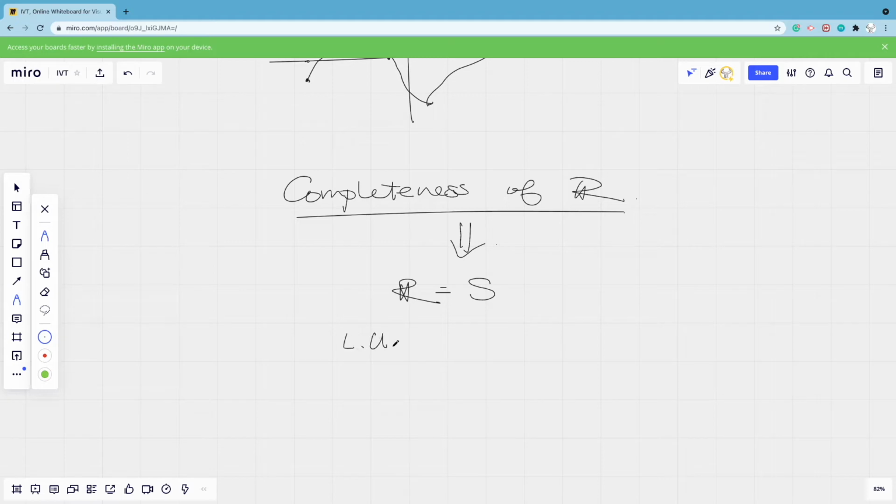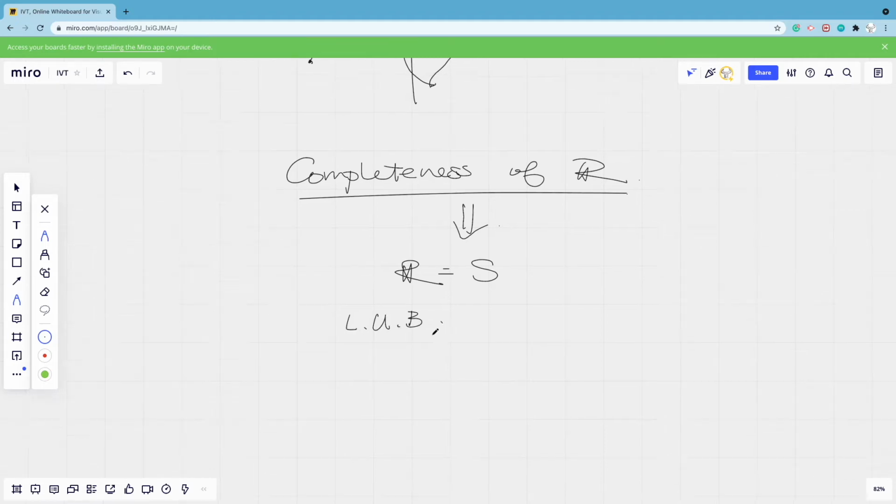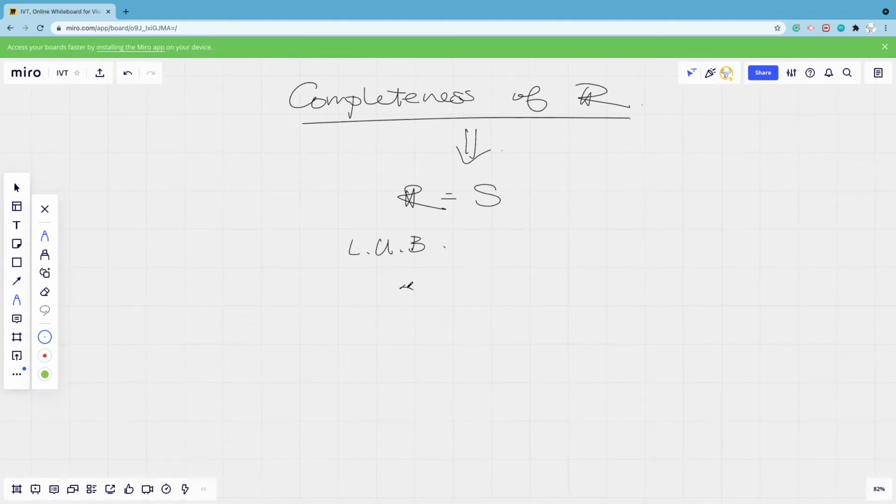We will call this the LUB. So what this means is that, for example, we have a function that ends here, and it's bounded by here, then we have a least upper bound.